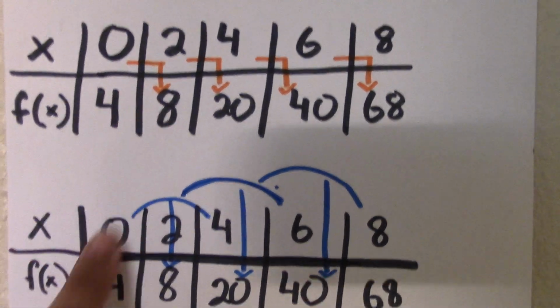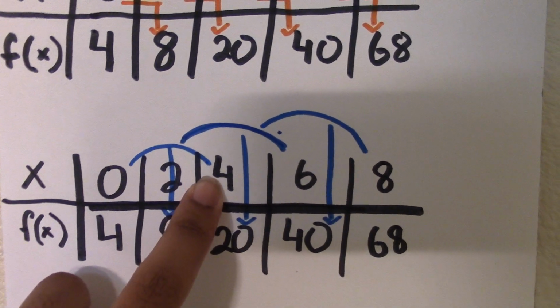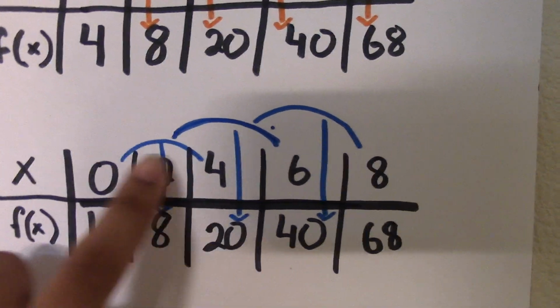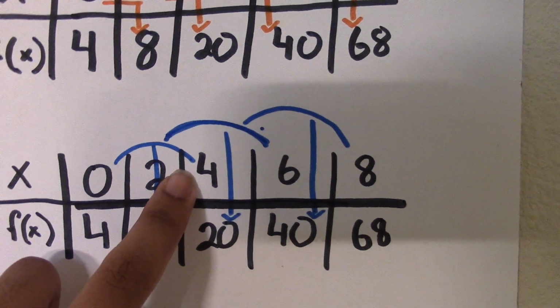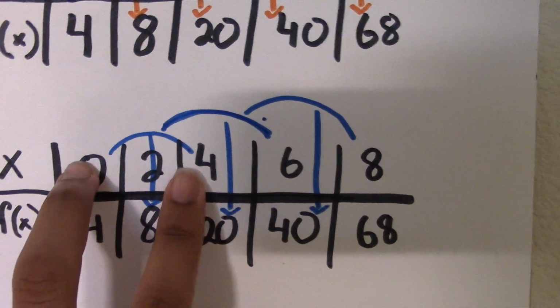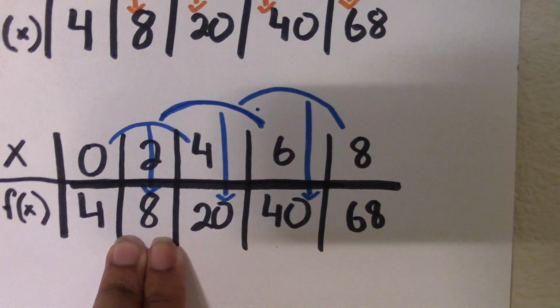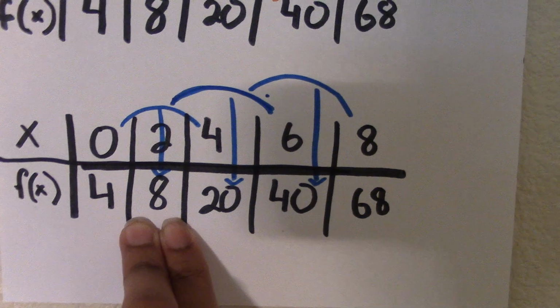So what you're going to have to do is jump from 0 to 4, and then you're going to find that difference, which in this case is 4, and then you're going to go down from that 0 to 4 to the middle of those values, which in this case is 8. So you'd have 4 times 8.